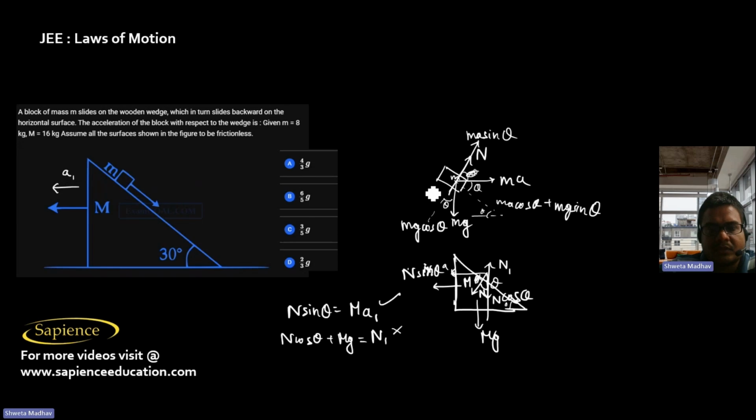So with respect to the frame of the wedge, the block is not moving normal to the surface. So I can say it is in equilibrium.